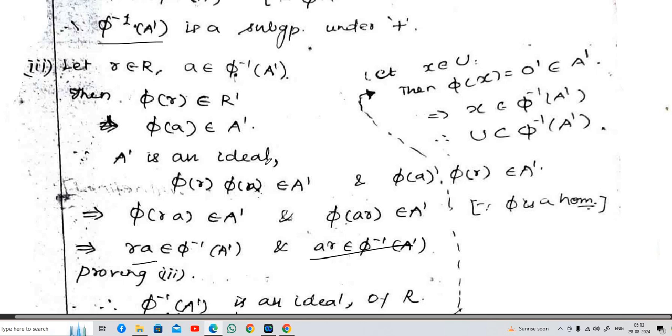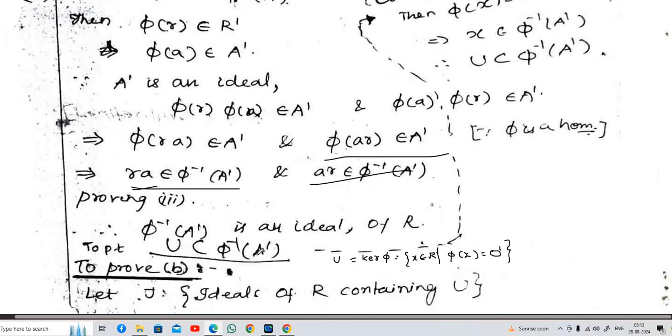Because A prime is an ideal, phi of r times phi of a belongs to A prime, and in the same way phi of a times phi of r is also in A prime. Because phi is a homomorphism, phi of ra belongs to A prime, and therefore ra belongs to phi inverse of A prime. In the same way, phi of ar belongs to A prime means ar belongs to phi inverse of A prime. So phi inverse of A prime is an ideal of R.